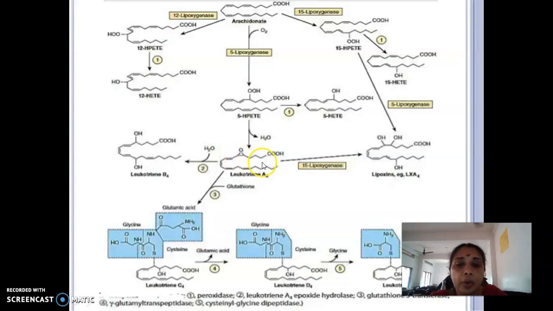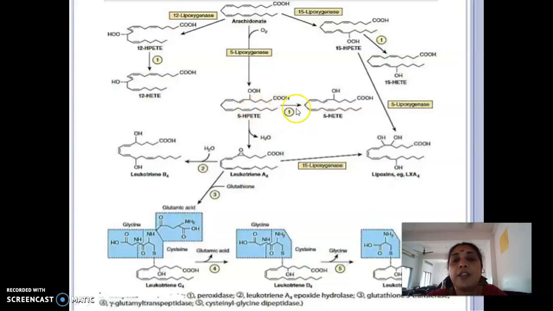So leukotriene A4 is formed by the epoxy hydrolase enzyme. Epoxy hydrolase enzyme converts 5-HPETE to leukotriene A4, while 5-HPETE can be acted upon by peroxidase enzyme to give 5-hydroxy eicosatetraenoic acid. Clear? So this one stands for peroxidase enzyme.